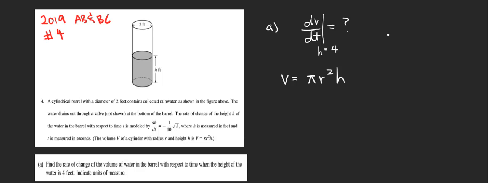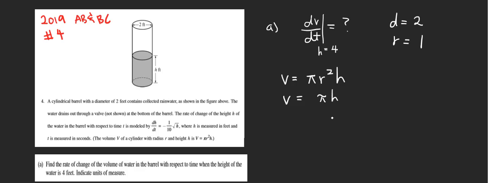No, the diameter is always going to be 2 feet. Since the diameter is 2 feet, the radius is 1, because radius is half of the diameter. Since r is not changing, we can replace r with 1, which gives us pi h.